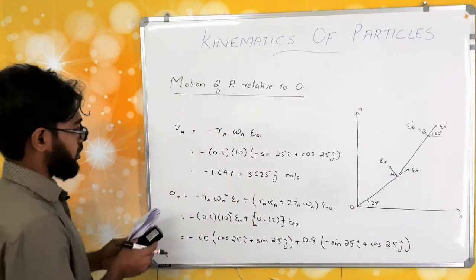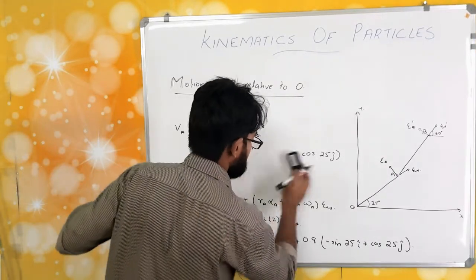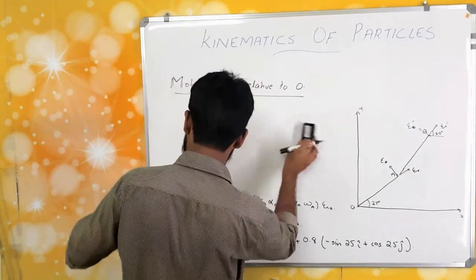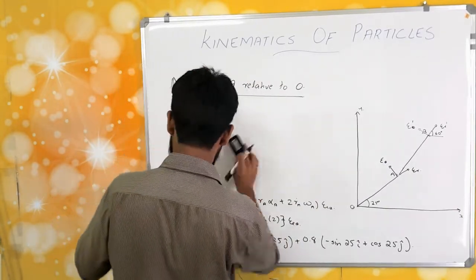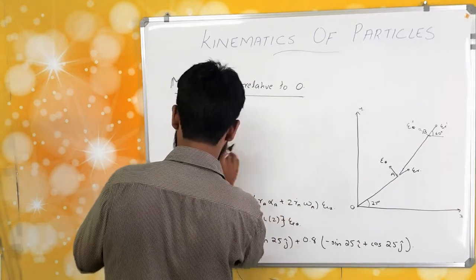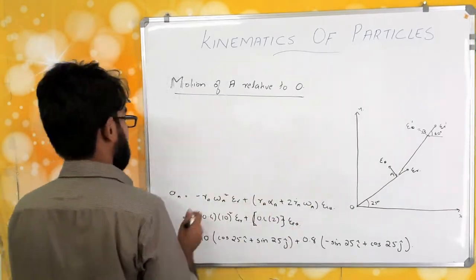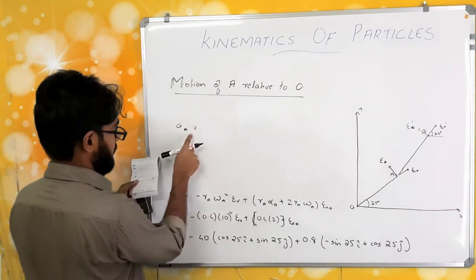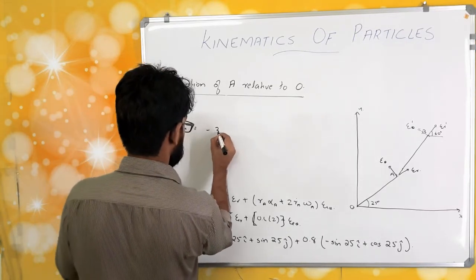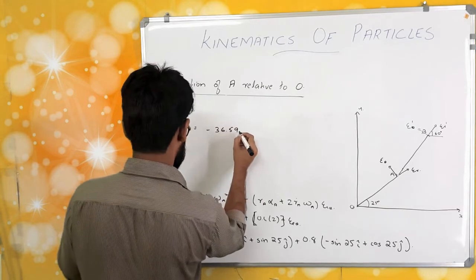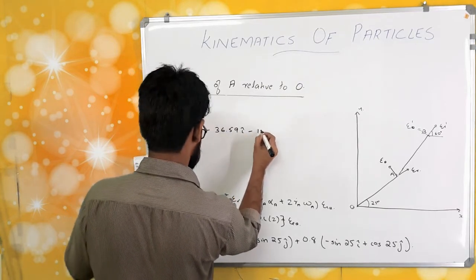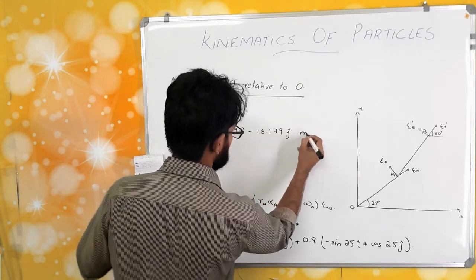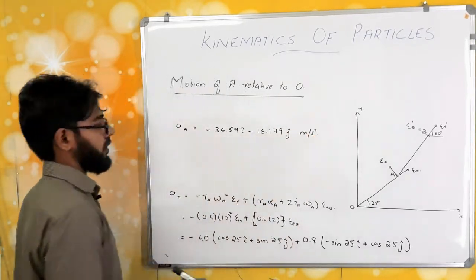If you solve it out, you will get the answer: acceleration of A equals minus 36.59 I cap minus 16.179 j cap meter per second square.